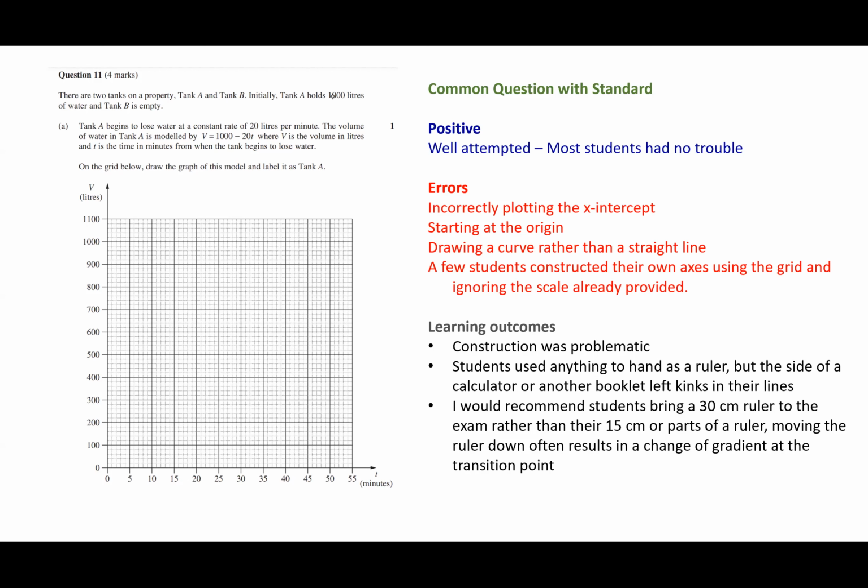So what I would recommend really is that students are now bringing a 30cm ruler to the exam. Those students who had small rulers or parts of rulers, you would often see a small kink in their line and might get a straight line for a bit, and then when they transferred to the second part with their ruler, you'd get that change of gradient. So a 30cm ruler, I think, would be really good.